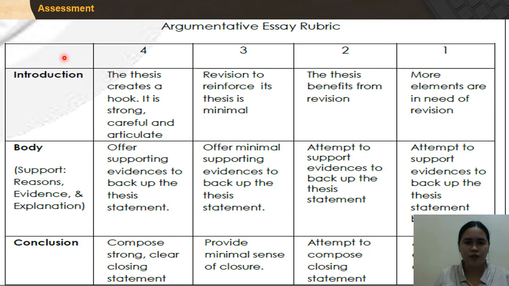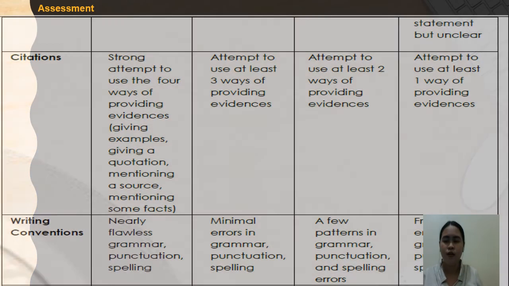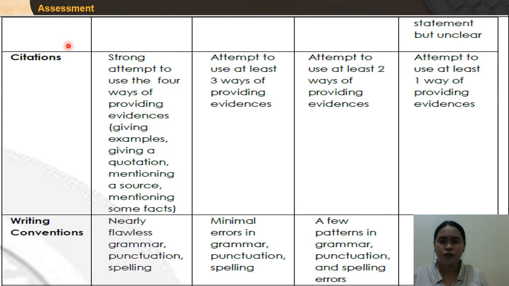So, ito yung magiging rubric ha. Introduction, the body, and conclusion. Instead of 4, I'm going to make it 5 each. So, 5 points for introduction, 5 for body, and 5 for conclusion. Citation. You should have strong attempt to use the 4 ways of providing evidences or giving examples.